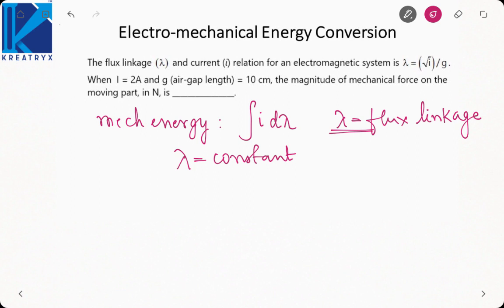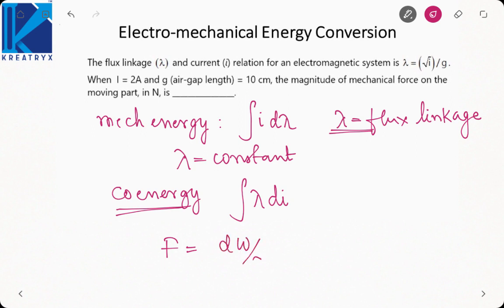Now, there is another concept of co-energy. Co-energy is basically lambda into di. So, the force that exists in order to reduce the air gap is equal to dW by dg, where g is your air gap.